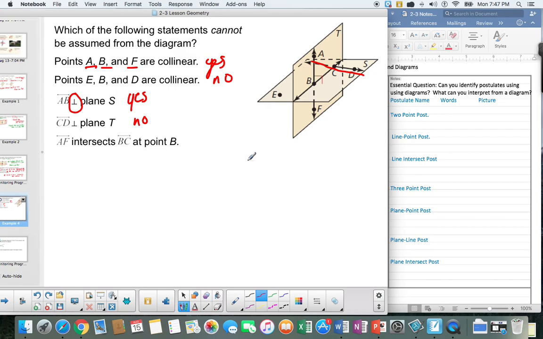The next one asks, can you assume that AF, here's AF right here, and BC intersect at B? The answer is yes, because we know two lines intersect at a point, and we can see that it is point B.